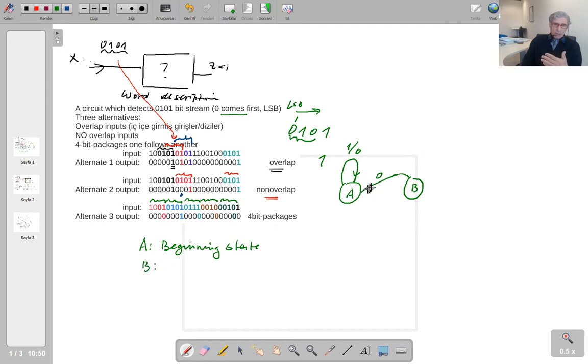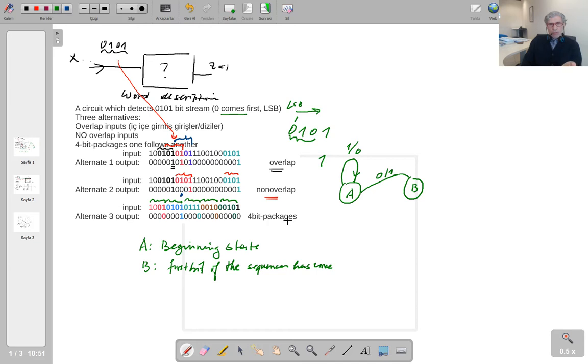The best thing to say is the first bit of the sequence has come. That's the first bit, isn't it? So my output is 0, of course.